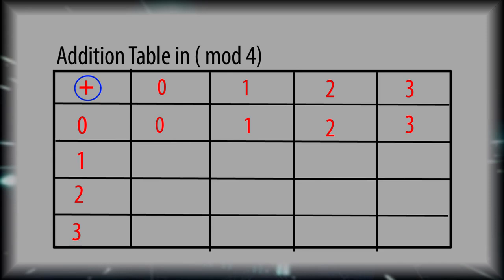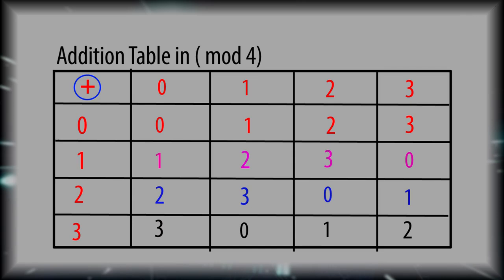Now, in completing this table, you pick your first number from the top row. Then you come down vertically below the number you have picked. And then you look for your second number right below the addition sign and go horizontally. Where your vertical and horizontal lines meet is where you place your answer.